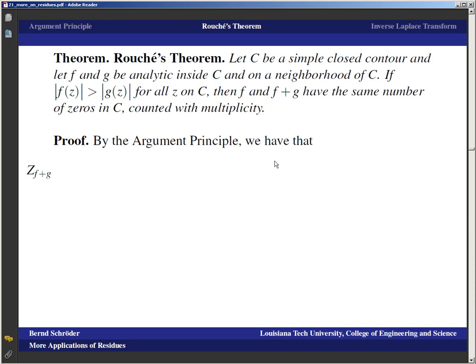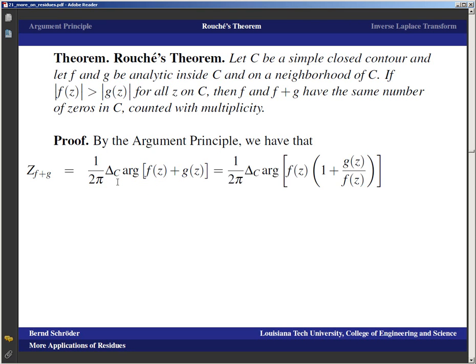So by the argument principle, we have that the number of zeros of f plus g is 1 over 2 pi times the change in the argument of f plus g along the image of the contour C. So that would be the change of the argument along the contour f plus g of C, actually.